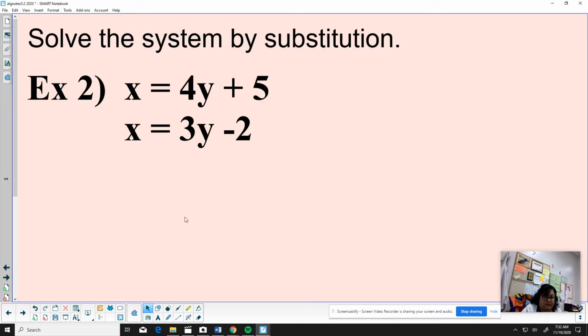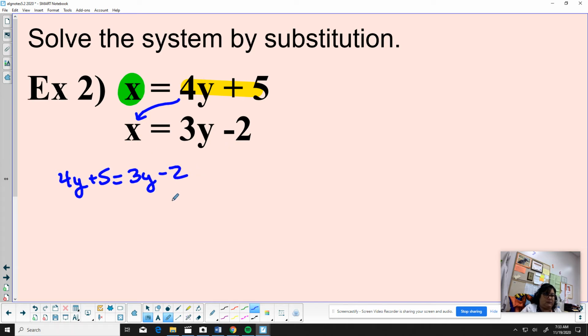All right, number 2, same thing. I'm looking for where x is already solved or y, and I notice that x is solved right here. So I'm going to take the rest of this and plug it into the other equation for x. So in for this x, I'm going to put 4y plus 5, and then equals 3y minus 2. And this is where my solving skills come in.